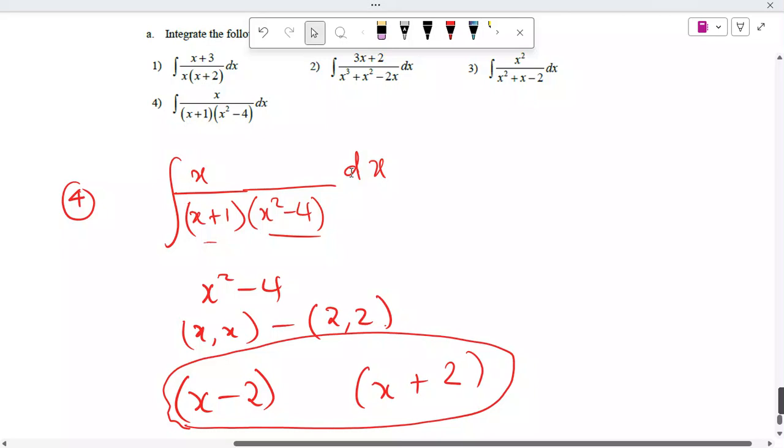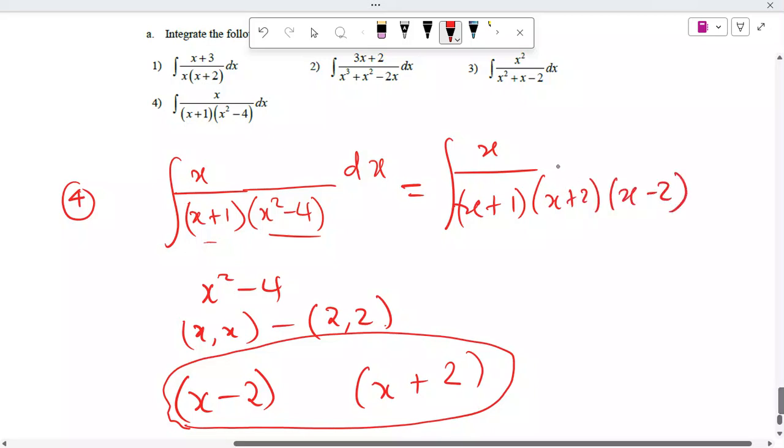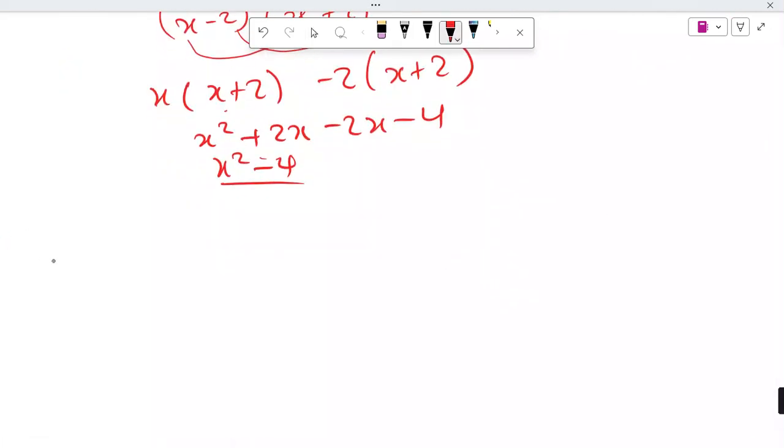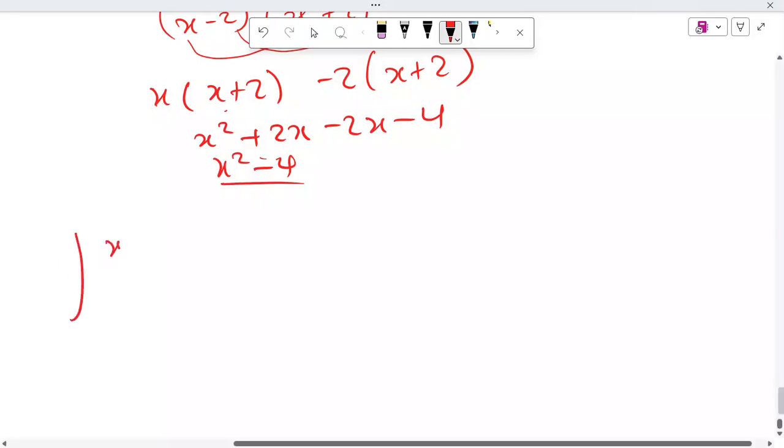So this equation is the same as x over x plus 1, x plus 2, x minus 2 dx. Now it's simple, everything is linear, you just write A, B, C and solve for A, B, C. So let's rewrite it here. We have x over x plus 1, x plus 2, x minus 2 dx.